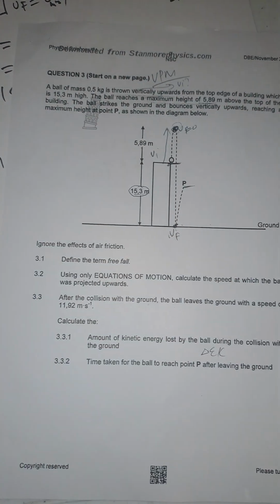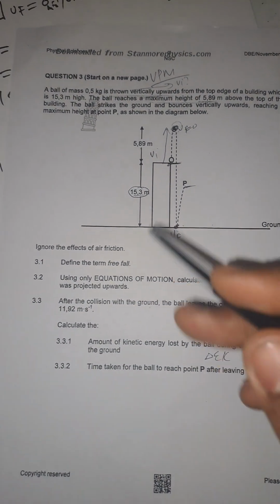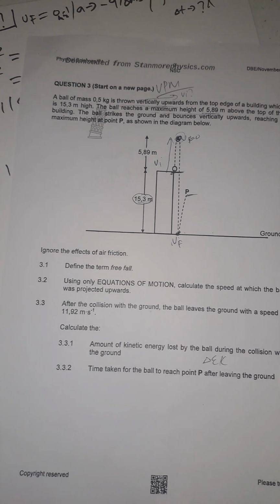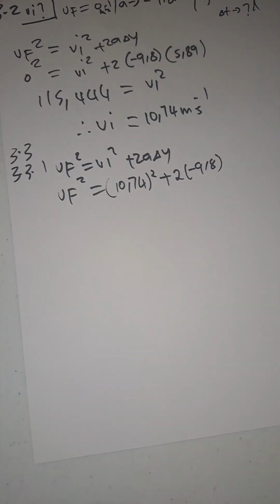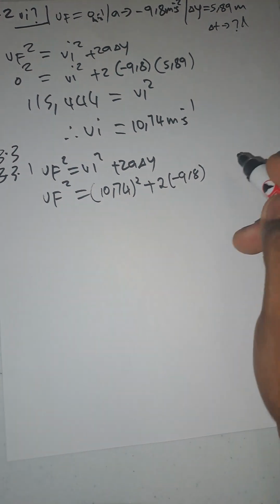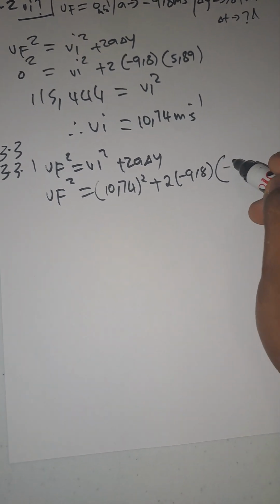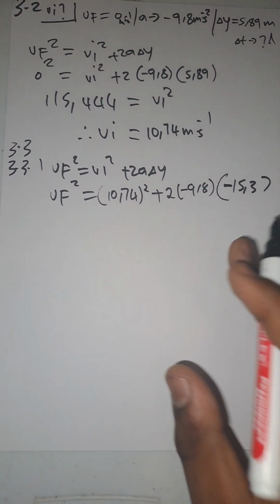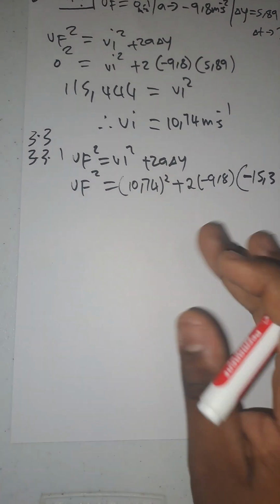It was not projected downwards, it just lost its power, so it is the same as being thrown downwards. That is why you can do the alternative method by making the Vi equal to 0. Same formula, but where there is Vi you put 0, and where there is the delta y you put 21.19. But here I'm going to put a negative 15.3, because the ball is going downwards.